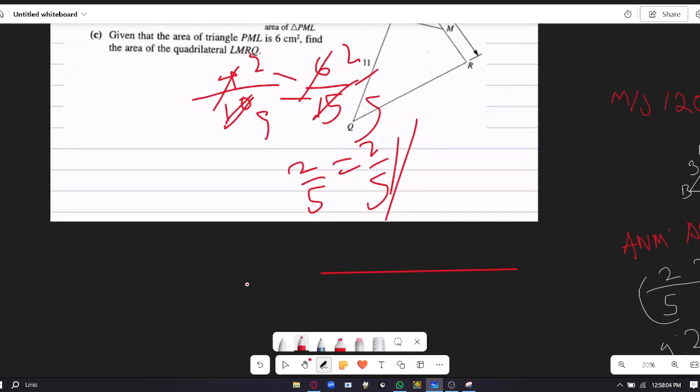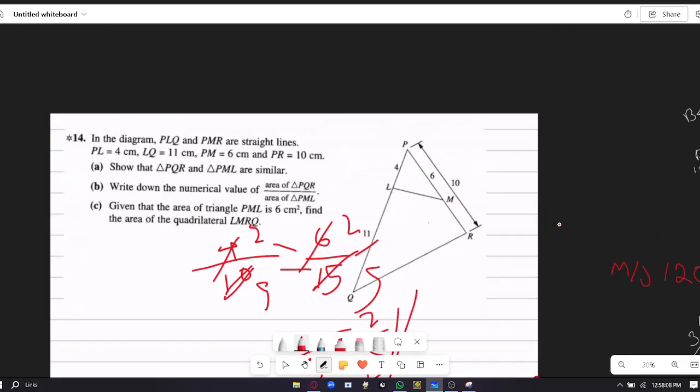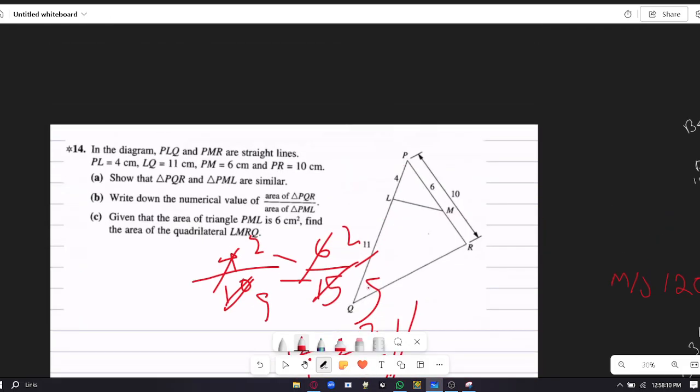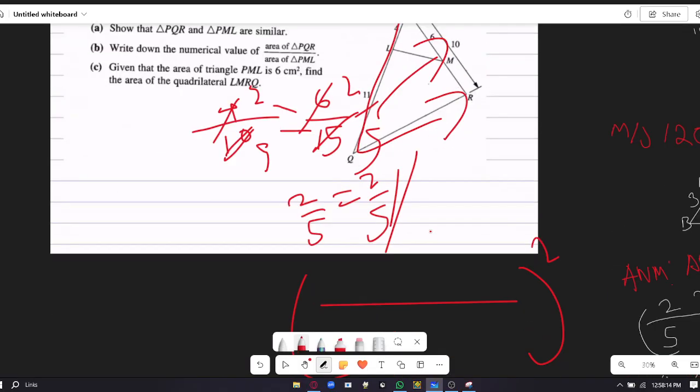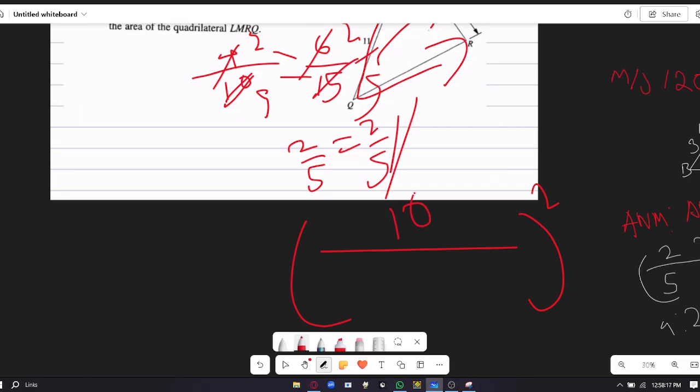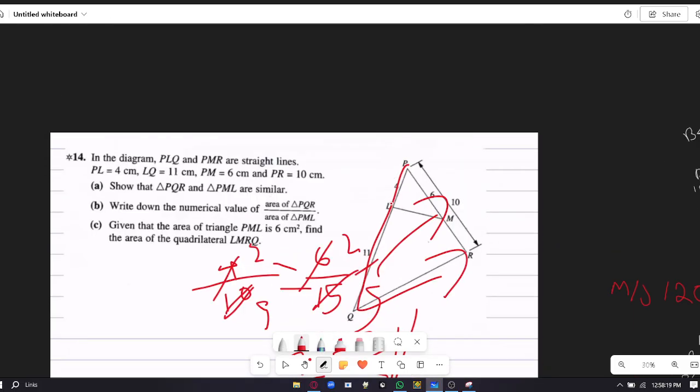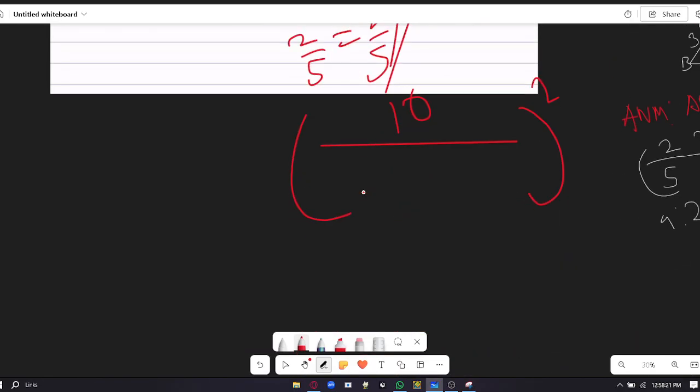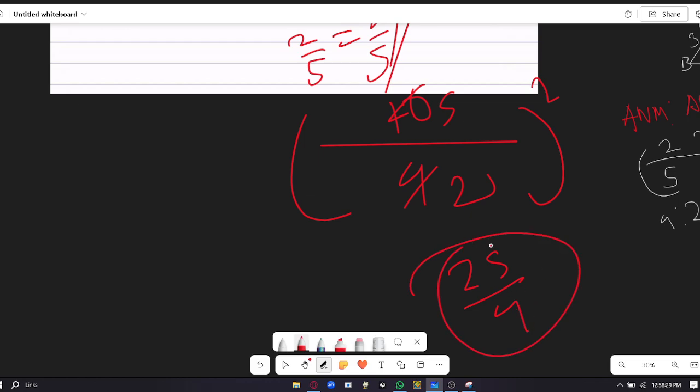So something whole square. So we know that PQR's opposite side is in fact 10. That's PQR, yeah. And PML's opposite side ratio is 4. So yeah, 4 by 10 by 4, this implies 2 by 5. So that's 25 by 4. That is our answer.